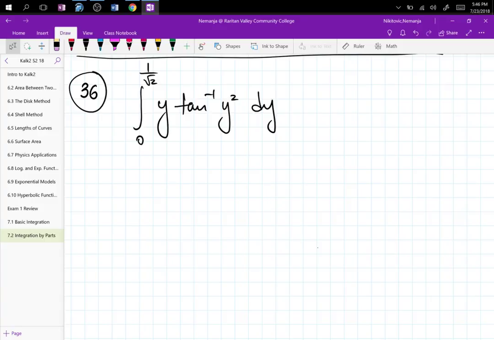The integral of tan inverse. You can try substituting in. You can substitute like 1 over square root of 1 minus y squared or something.